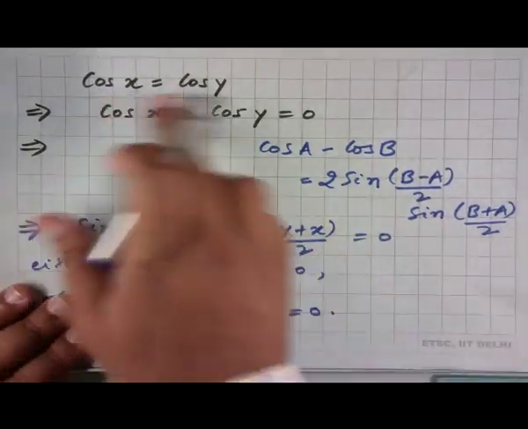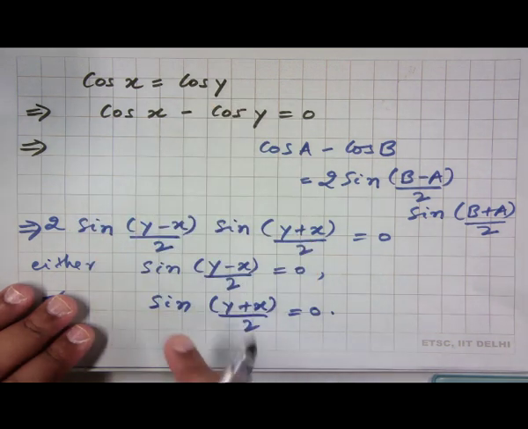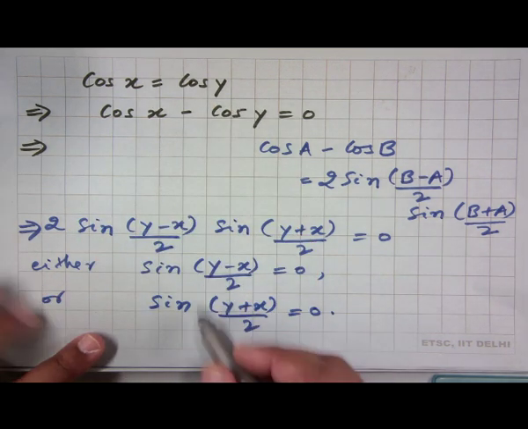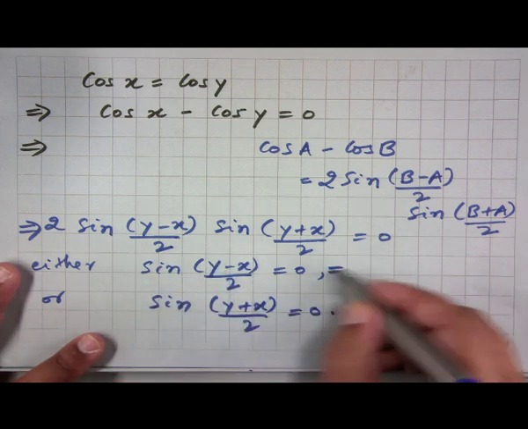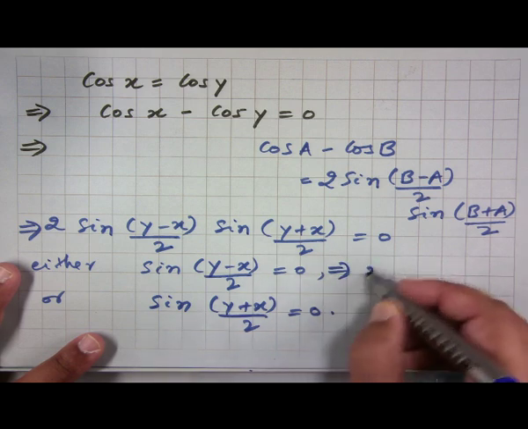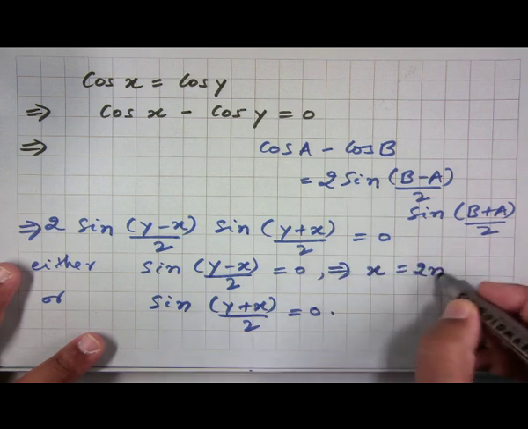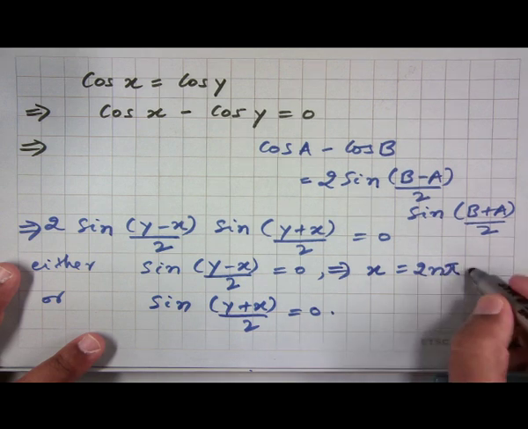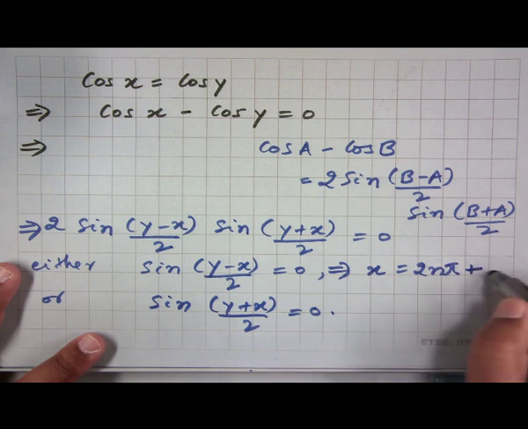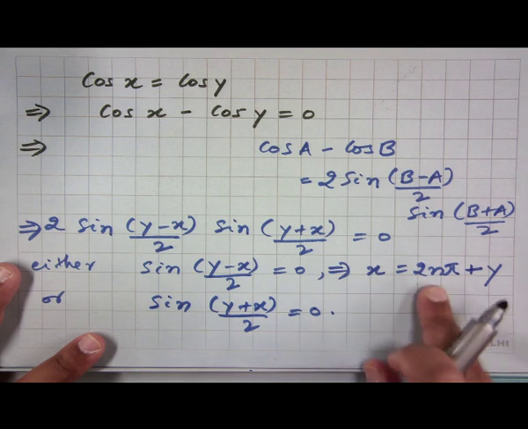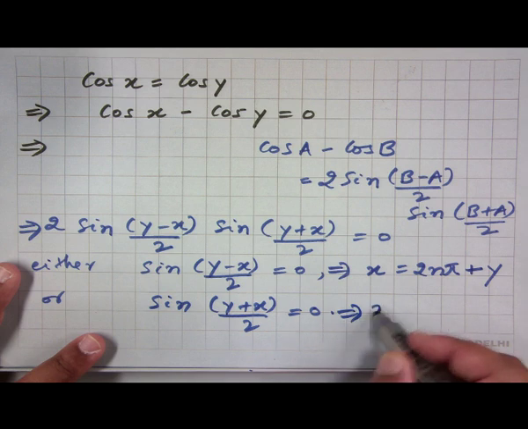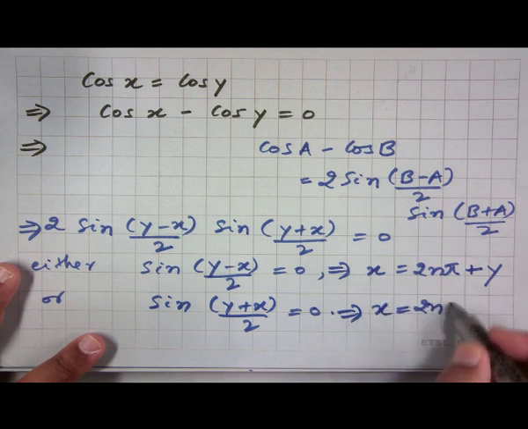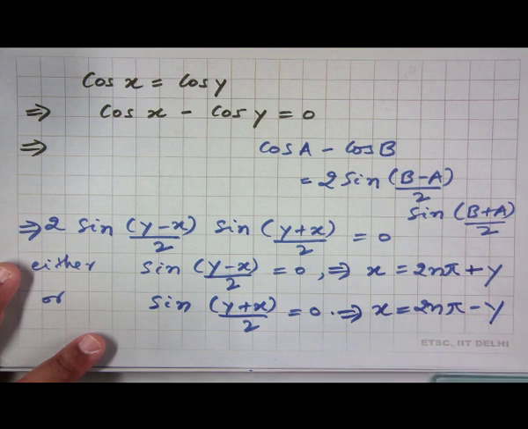if cos x is equal to cos y, then that must imply that either of these two conditions hold. Now, for this first condition to hold, x should be of the form 2n pi plus y for some integer n, and this condition says that x should be of the form 2n pi minus y for some integer n.